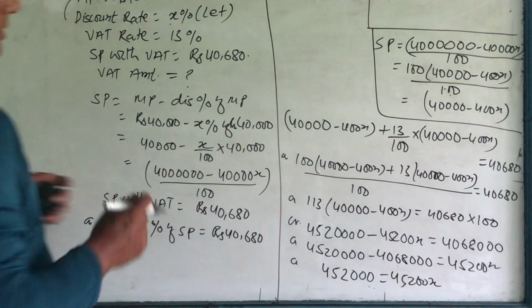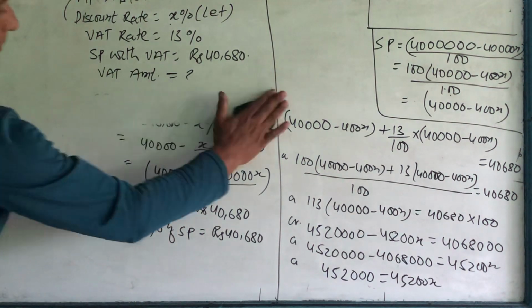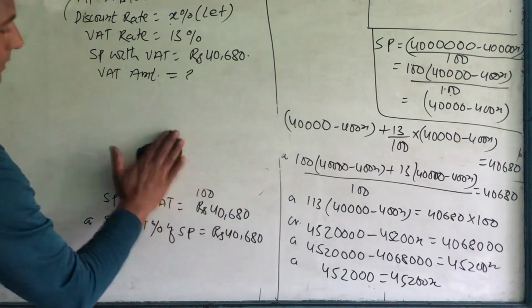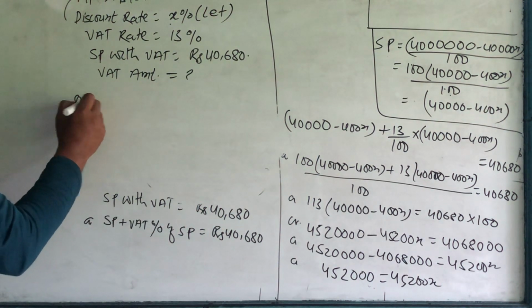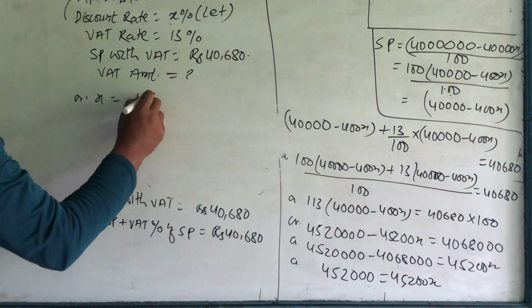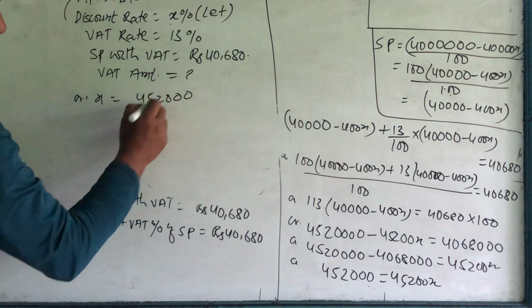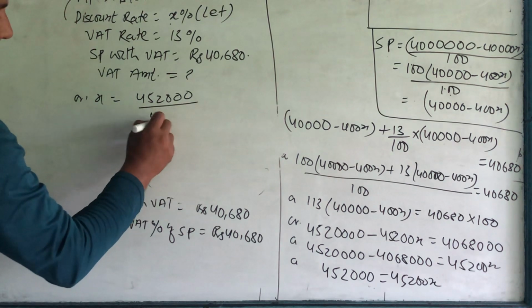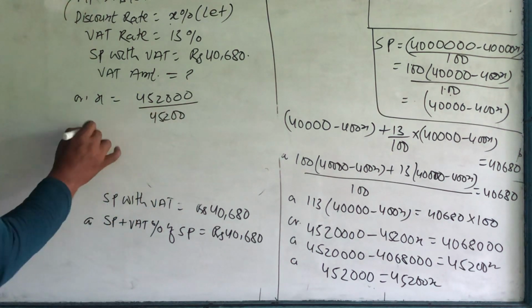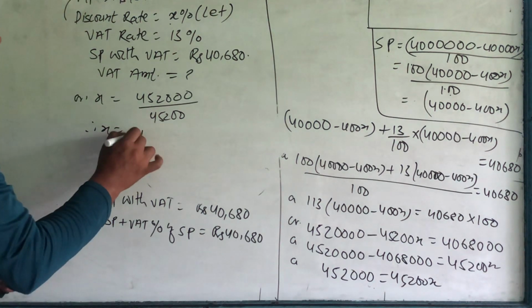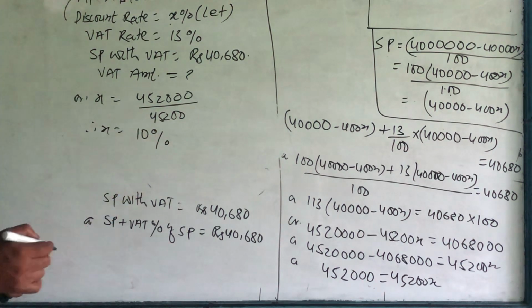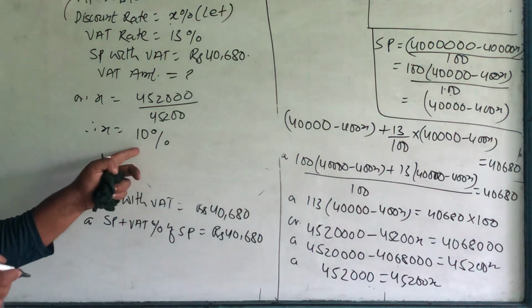So at last, if you calculate it, you will get x equal to 4,52,000 by 4,52,000. It means x equal to, if you divide this, the result will be 10. So it's the discount percent we let as x, and we got 10%.